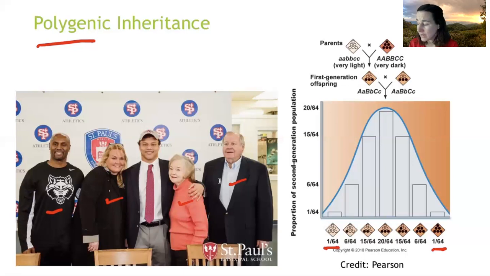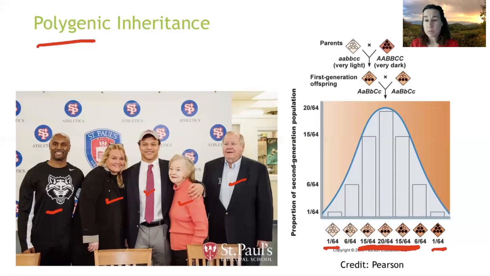The more likely chance is that their child would be somewhere in the middle with this beautiful caramel coloration for his skin, and that's what happened. So here's BJ Jr., and he has the skin coloration that's in the middle.